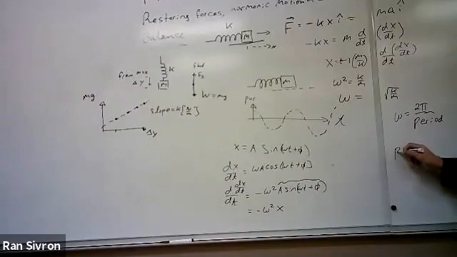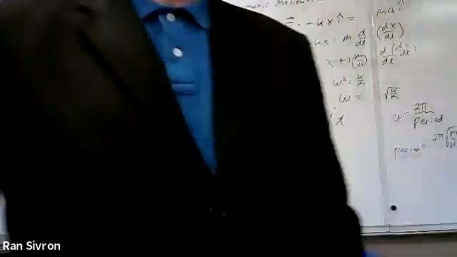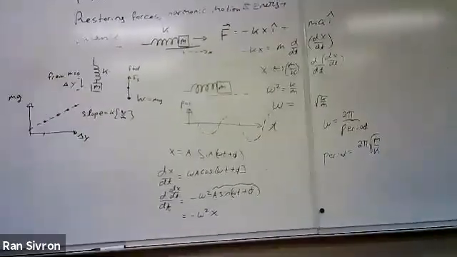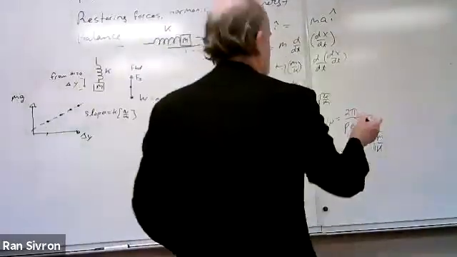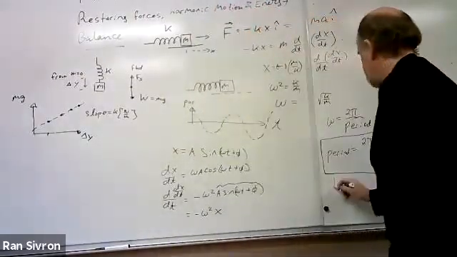So I write the period, therefore, is going to be equal to 2 pi square root mass over spring constant. That's my hypothesis for part 2.